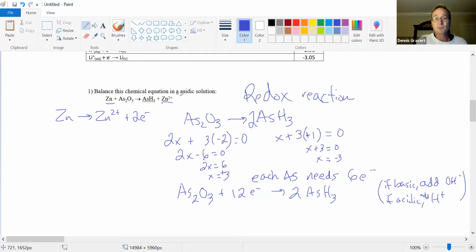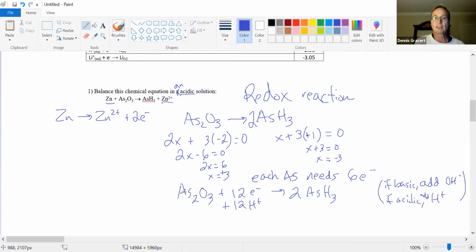And so that's why this detail, an acidic solution, was given. So now we know to add some H pluses to balance the charges. Well, what we can do with those pluses is add them over here so that we can cancel out the charge on the electrons.